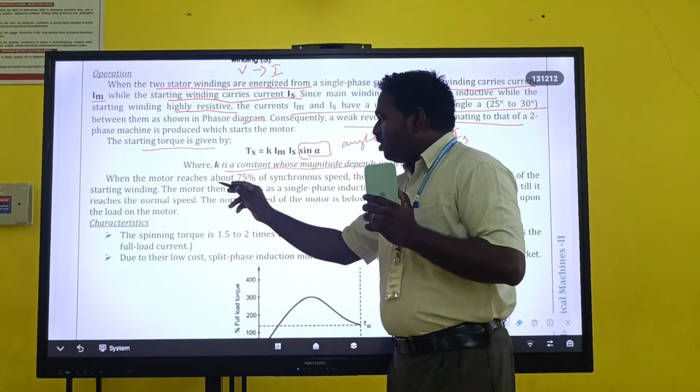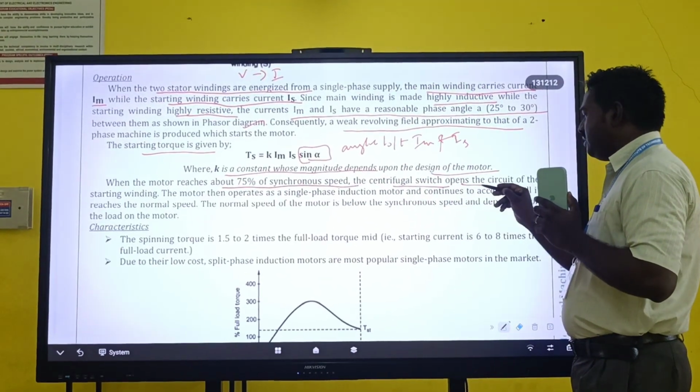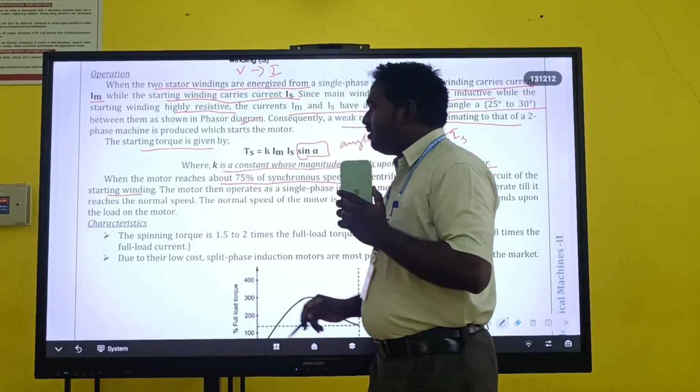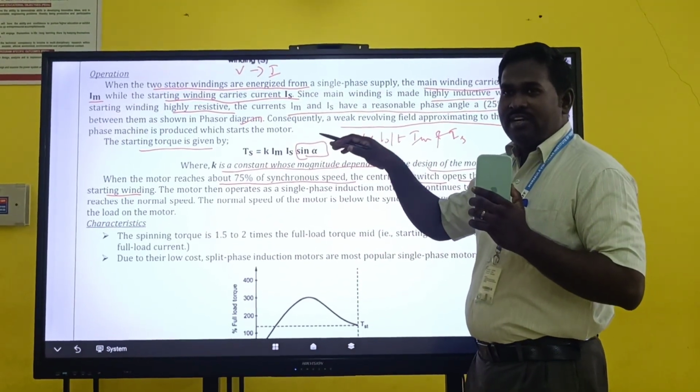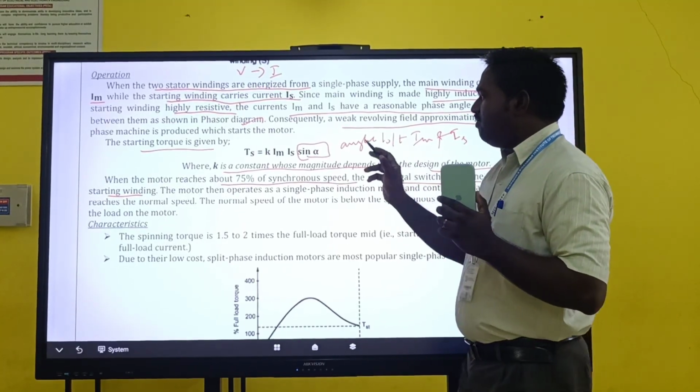As I told, when the motor reaches 75% of synchronous speed, the centrifugal switch is opened and the circuit isolates the starting winding. The starting winding is used to make the motor start at the initial condition.